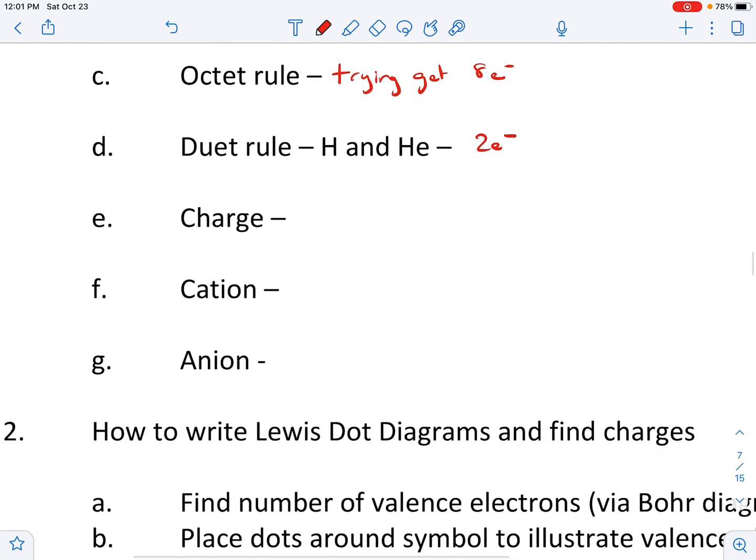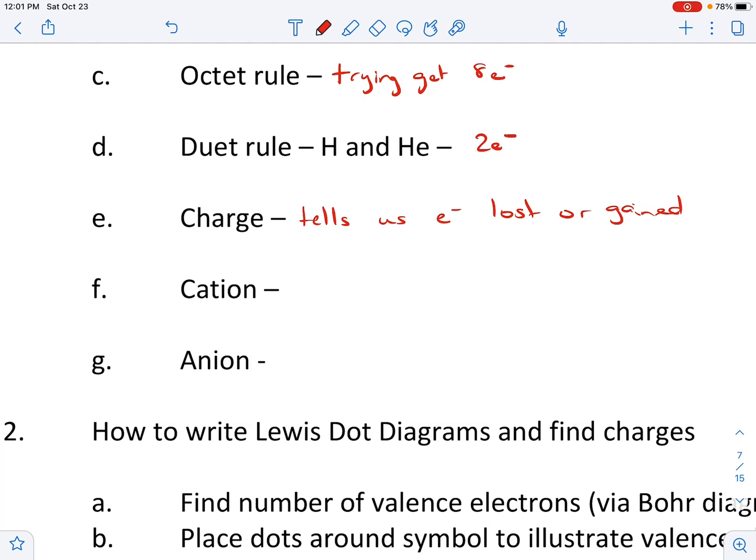Rolling on, because now we're going to talk about that losing or gaining. So charge tells us electrons lost or gained. Because when we lose electrons, that balance between our protons and electrons, creating a neutral atom, goes away. So now we have an imbalance of protons and electrons, and so we are with a charge.